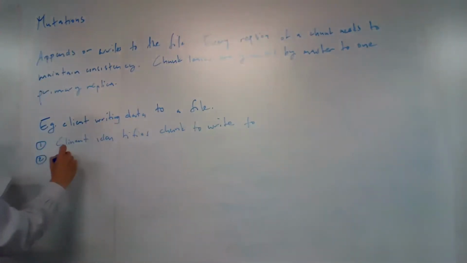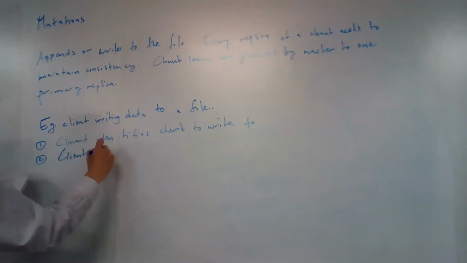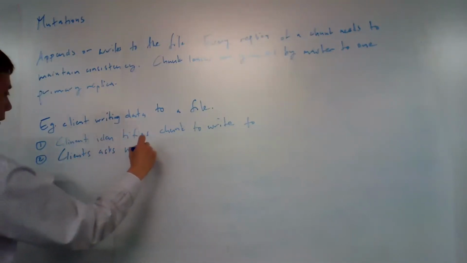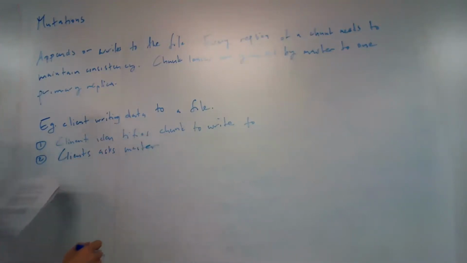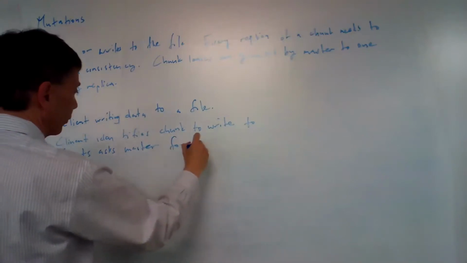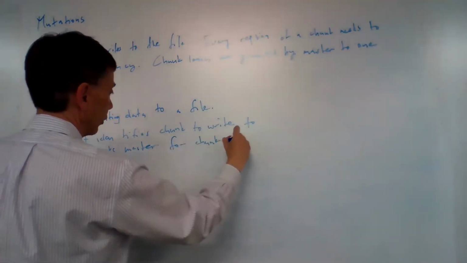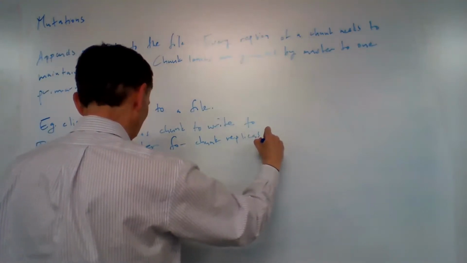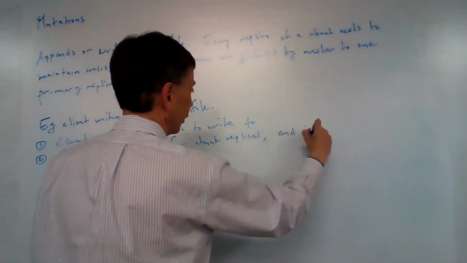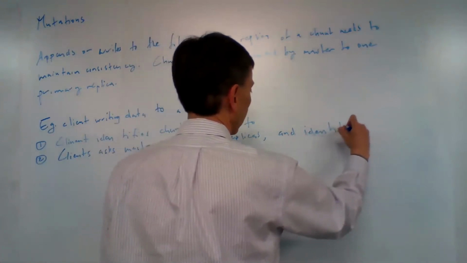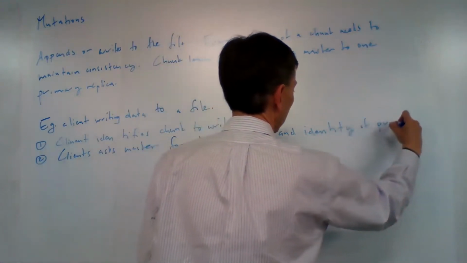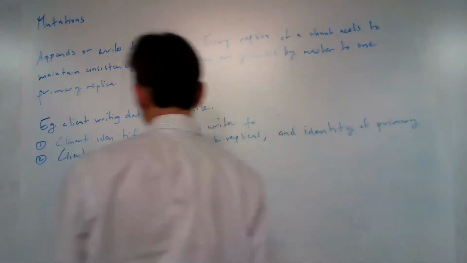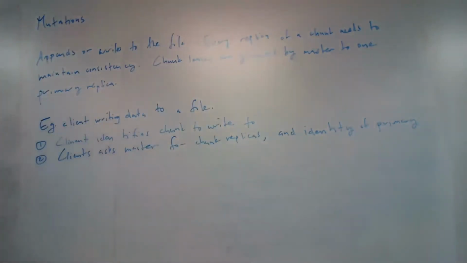Second, the client asks the master for chunk replicas and the identity of the primary. So who should I be updating, and who's responsible for managing the consistency of those updates?